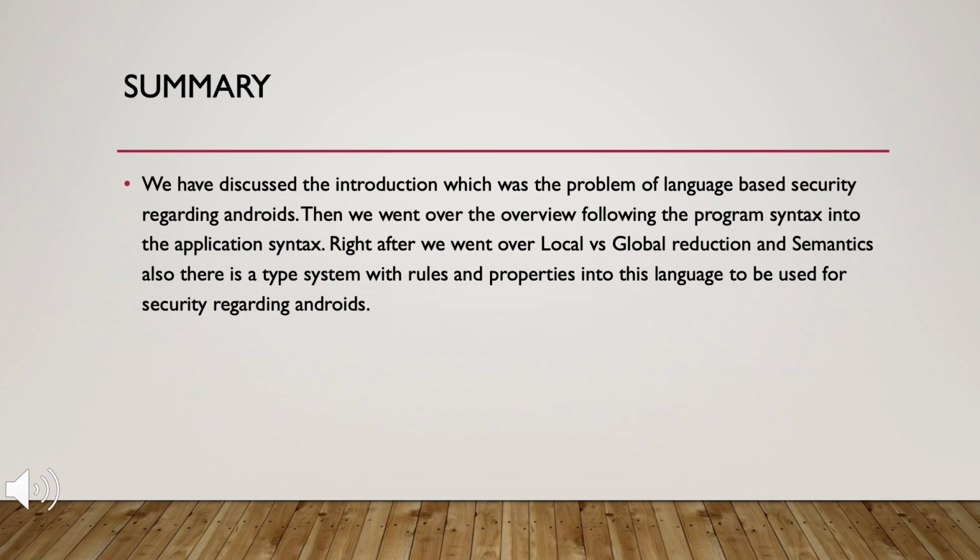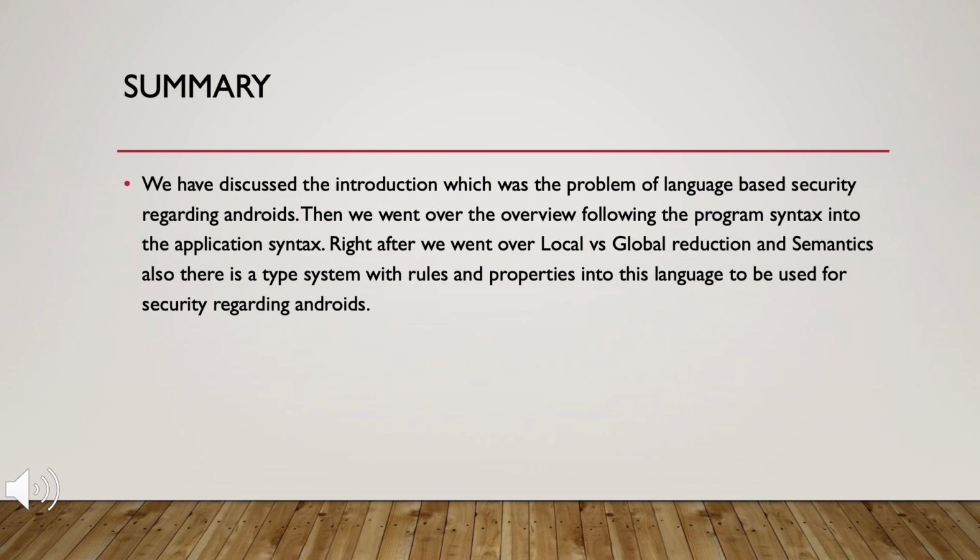So now we will go over the summary. We have discussed the introduction, which was the problem of language-based security, or what Avik really generalized the problem of language-based security to be. Then we went over the overview, which was mainly the application model, components, classes, and methods.